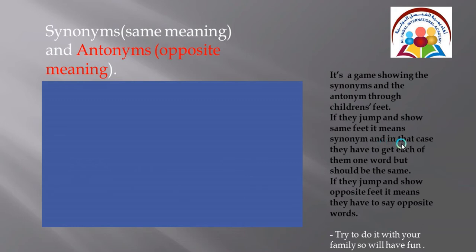In that case, each of them has to get one word, but it should be the same meaning, like big, huge. But if it's different feet, we use antonyms, which is talking about the opposite meaning.